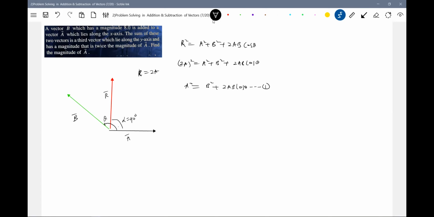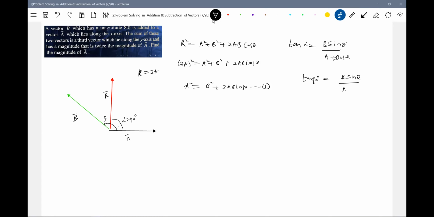Now we'll take help of tan alpha. Tan alpha equals B sin theta by A plus B cos theta. Tan 90 equals B sin theta by A plus B cos theta.